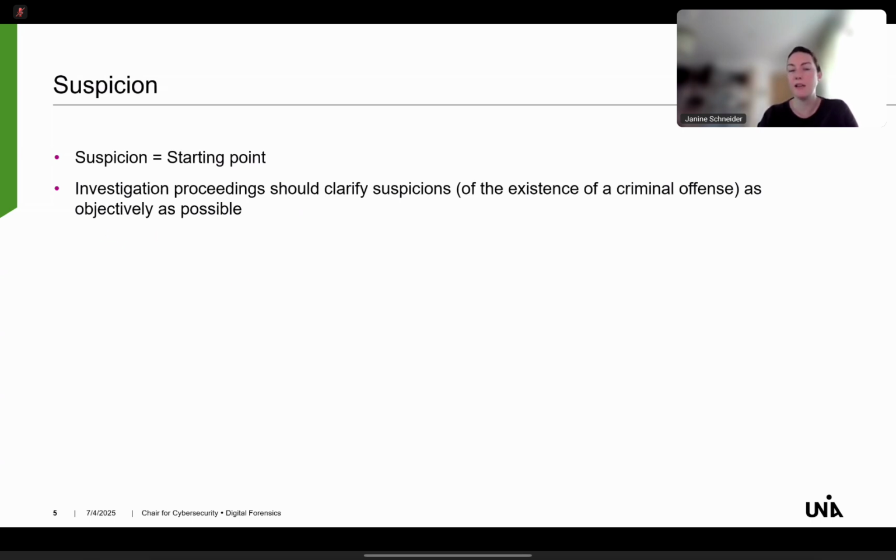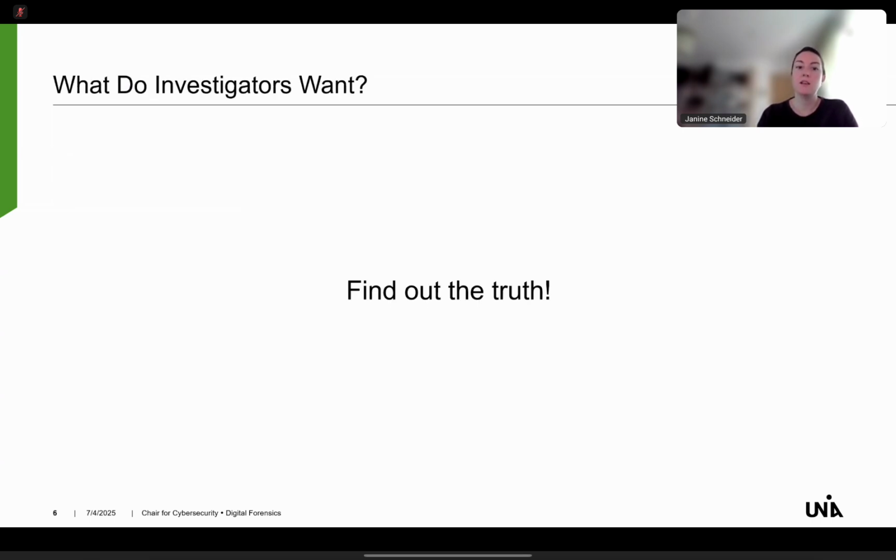So what do the investigators actually want? Intuitively, people would probably say that investigators want to find out the truth. But the legal system actually isn't about finding the truth. It's also not about justice in a philosophical way. It's about settling conflicts between parties according to certain rules.